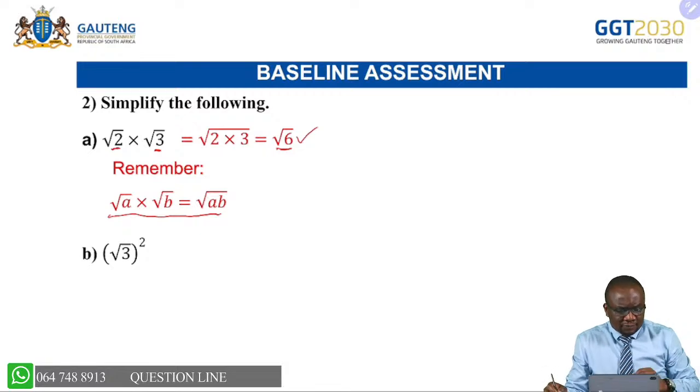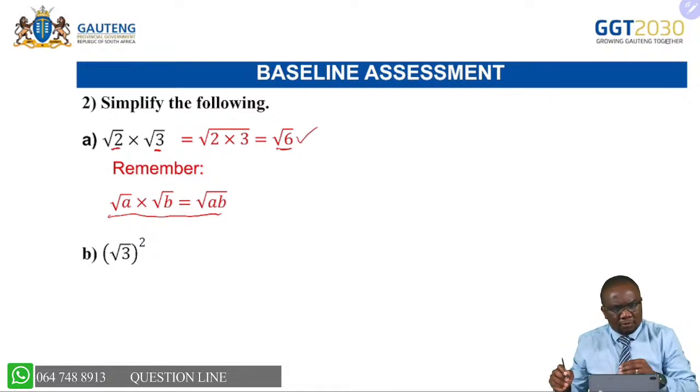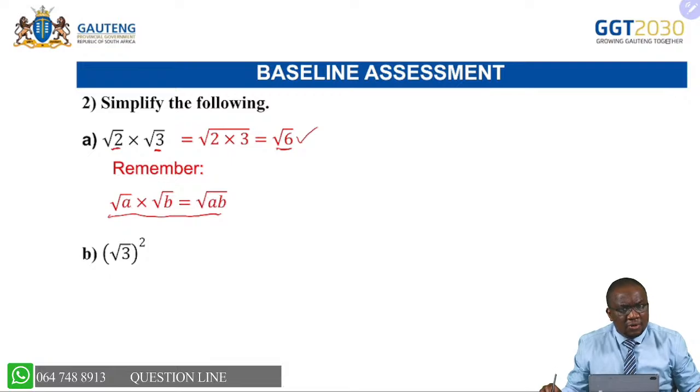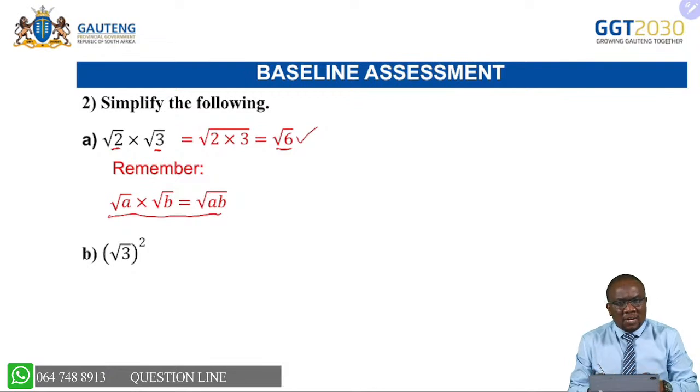And then B, what is square root of 3 squared? It means we're saying square root of 3 times square root of 3, isn't it? When I'm saying x squared, it means x times x. If I'm saying 4 squared, it means 4 times 4, isn't it? So square root of 3 squared means square root of 3 times square root of 3.